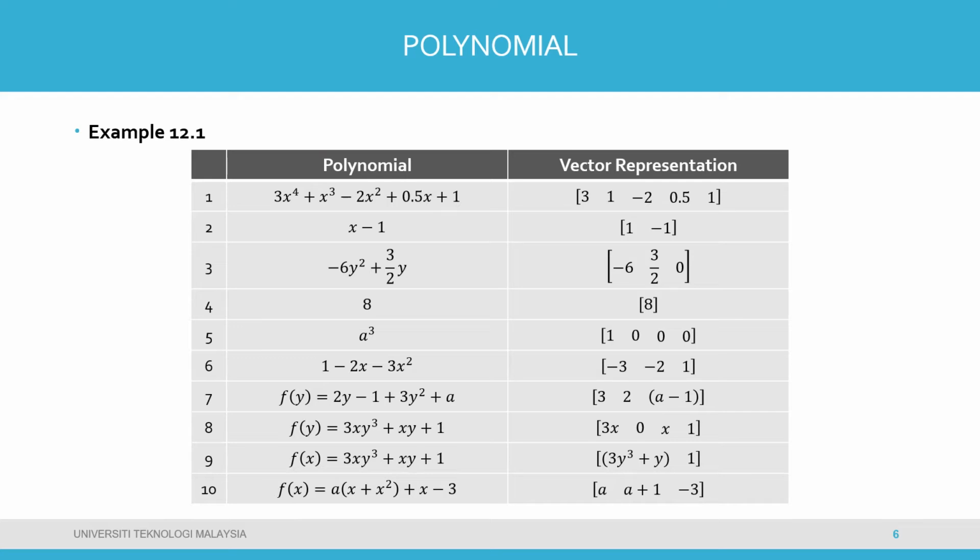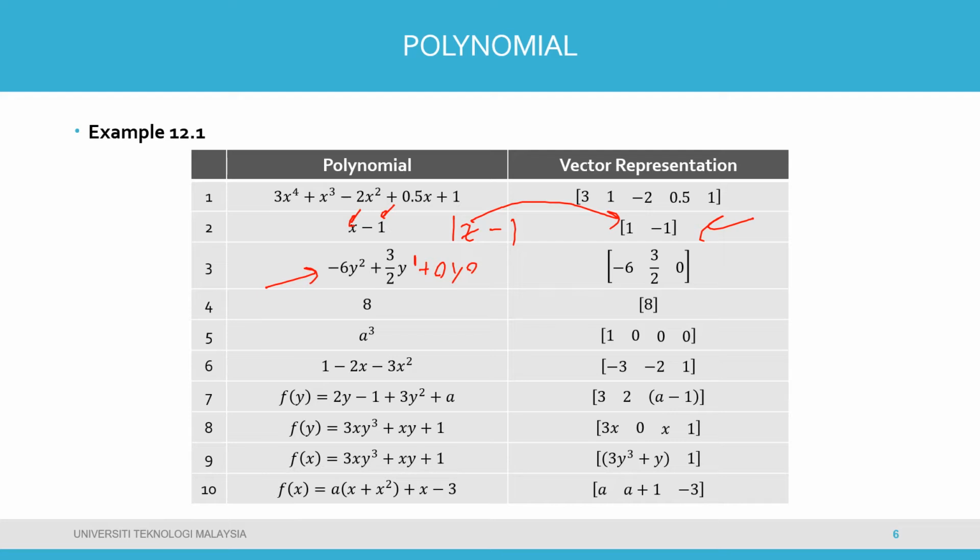Okay, next example, so x minus 1. So you just write it back. So x means that only 1x minus 1. That's why it will become 1 negative 1. Okay, how about this? So you can see here you have y squared plus y, y power of 1. And how about y power of 0?